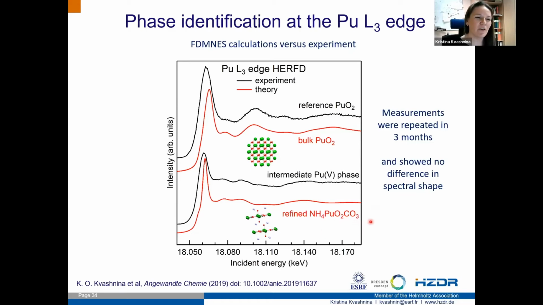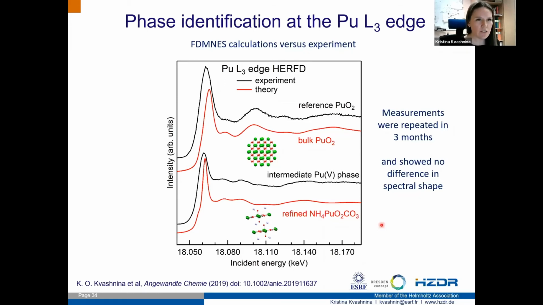And what was also pretty unusual, we just kept this sample for 3 months. And when we measured it again, the spectral shape remained the same. So in fact, it means that that particular compound is extremely stable, over the period of 3 months, and nothing really happens to it.